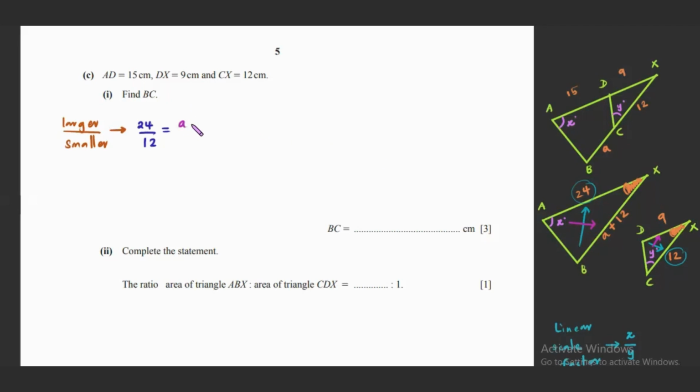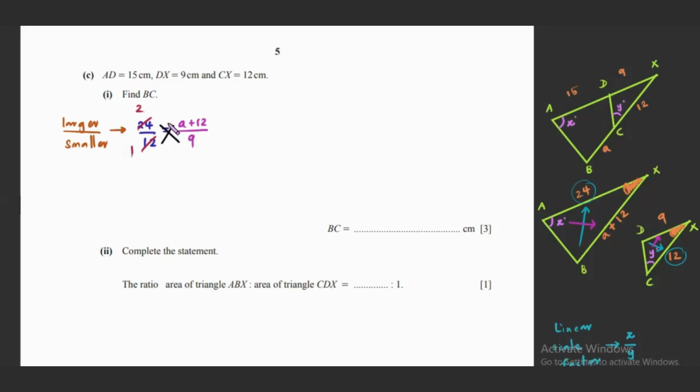So I can write it as A plus 12 over 9. Now, I need to solve this by cross multiplying to figure out what A is. Before I cross multiply, I can also simplify this 24 and 12 by dividing both by 12. So I will have a 2 here and a 1 here. And now I can cross multiply.